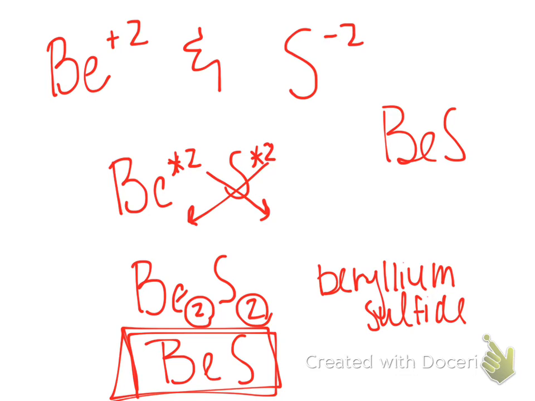Okay, let's keep trying some. Now I'm going to give you the chemical formula, and you're going to give me the name. That's it. I'm going to give you the balanced formula. I'm going to do most of the work for you, and you're going to give me the name.